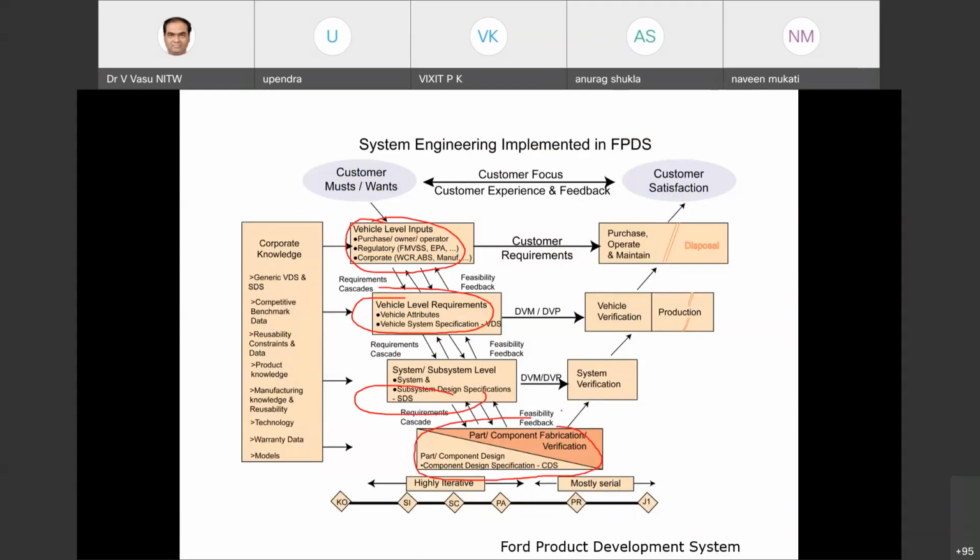Then we have system verification and vehicle verification, and disposal, and in each area some validation is done. This is called the V type approach of designing a mechatronic system.